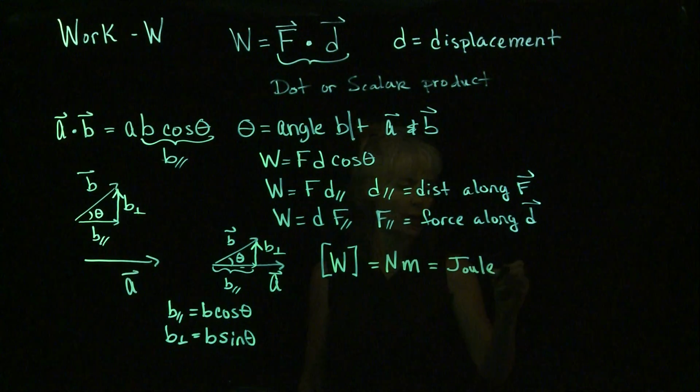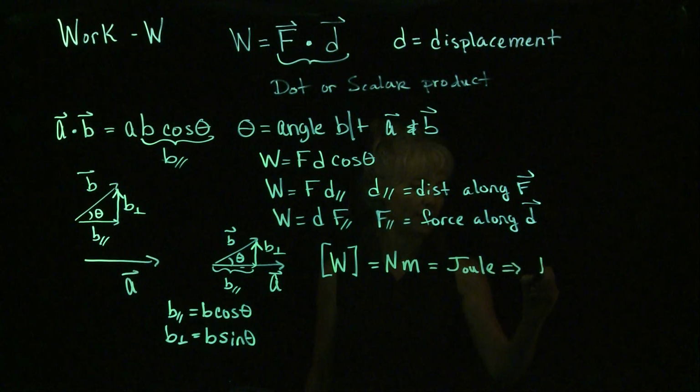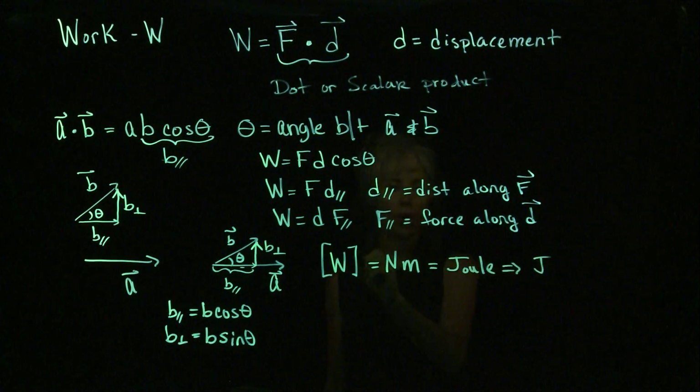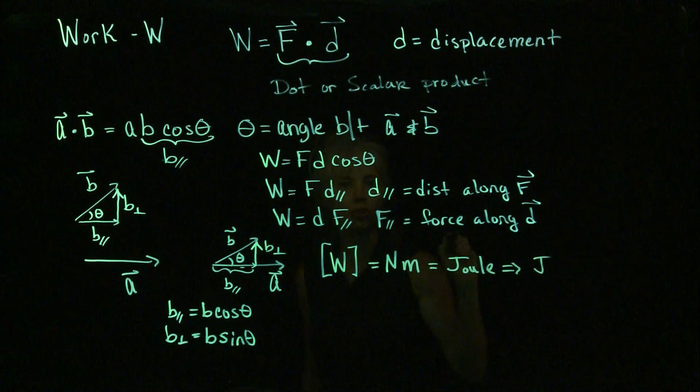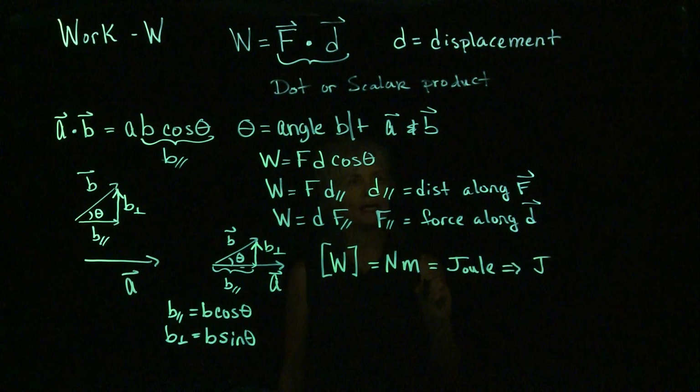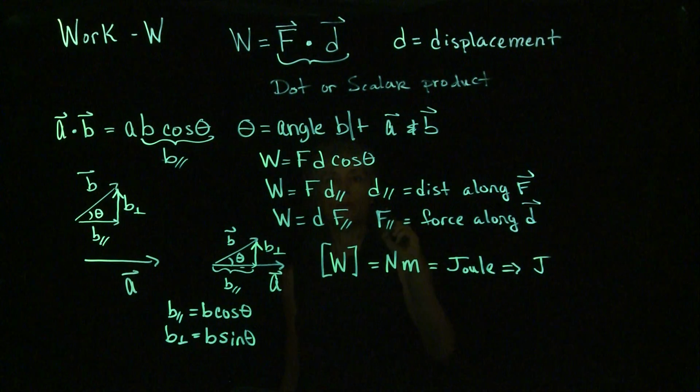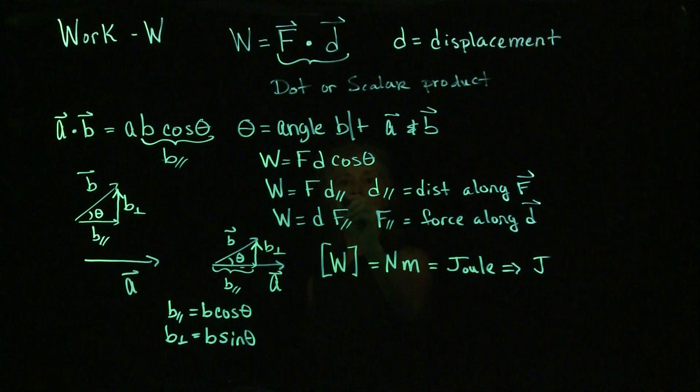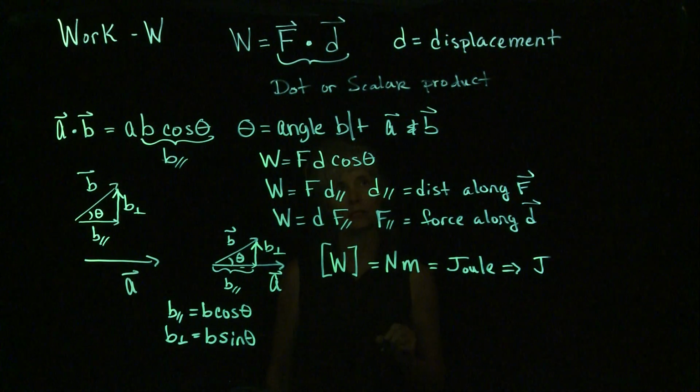And of course, we aren't going to write it all out. We're just going to abbreviate that capital J. So work is going to have units of joules, abbreviated capital J, and is the projection of the displacement times the force, or the projection of the force along a displacement times that displacement.